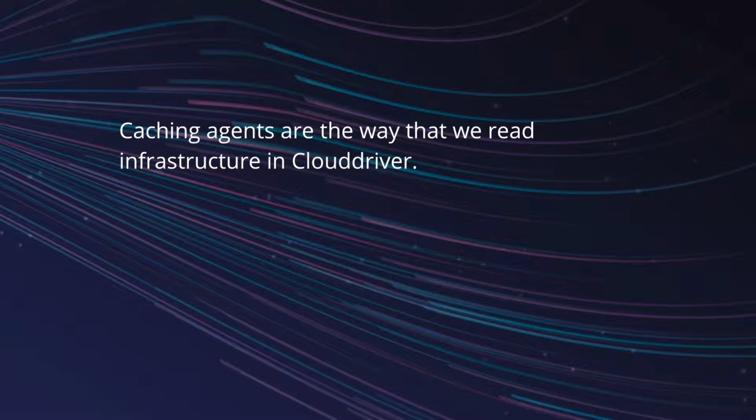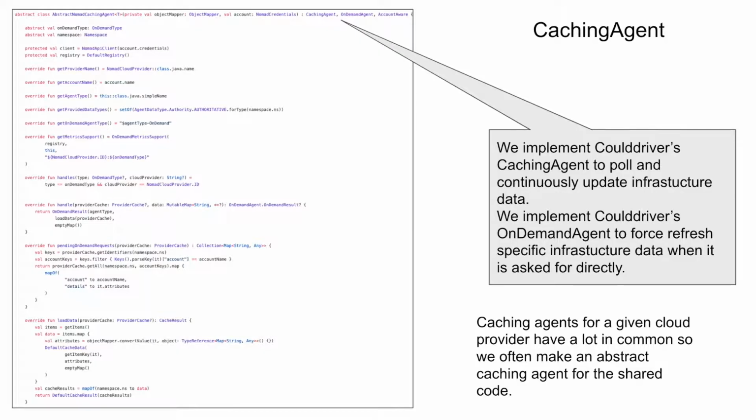But we also need to read this data in, and caching agents are the way that you do that in Clouddriver. So you'll notice at the top that we implement caching agent and on-demand agent. These don't have to be done in the same class, but it's often done this way. The caching agent allows you to pull on a schedule the data that you're interested in from the cloud provider.